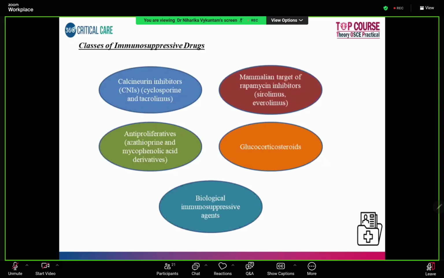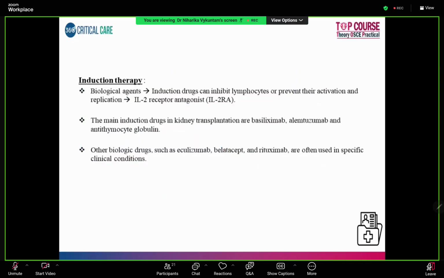Now we will go through each one of them, not in detail, but at least one slide about each drug. As I told, this immunosuppression is divided into two: the induction therapy and the maintenance therapy. The induction therapy is usually given by the biological agents, the fifth group. Induction drugs can inhibit the lymphocytes or prevent their activation and replication, and this is usually done by IL-2 receptor antagonists or the anti-thymoglobulin. I think most of the hospitals use the anti-thymoglobulin as the induction therapy.